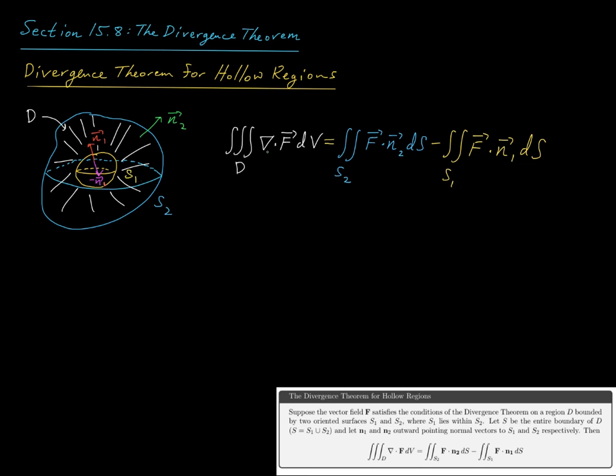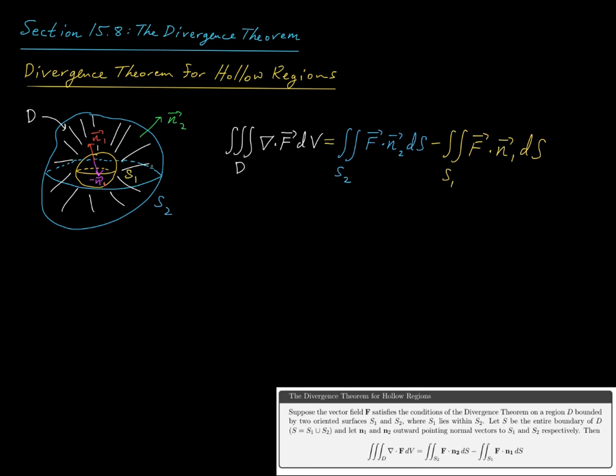So why is this true? Well, if you first consider the scenario where we don't have S1, in other words, you just consider S2 and the solid region that it encloses, the divergence theorem says that the total flux through that solid will equal the flux just through the boundary S2. Now if we do have S1, think about fluid entering into the region bounded by S1.